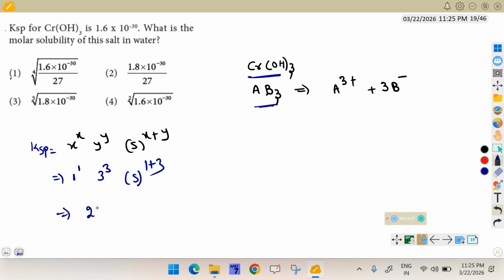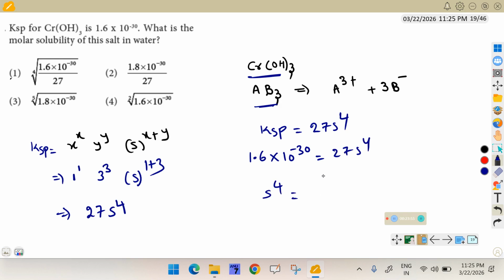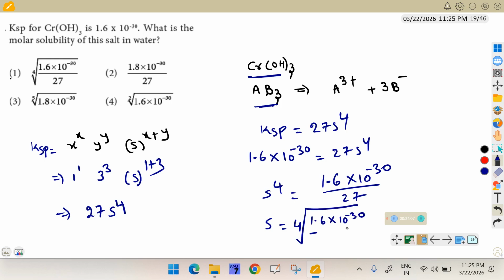Then 27 s power 4. KSP is equal to 27 s power 4. KSP value is given 1.6 into 10 power minus 30 is equal to 27 s power 4. S power 4 is equal to 1.6 into 10 power minus 30 by 27. Then s is equal to the 4th root of 1.6 into 10 power minus 30 by 27. First option is the correct option.